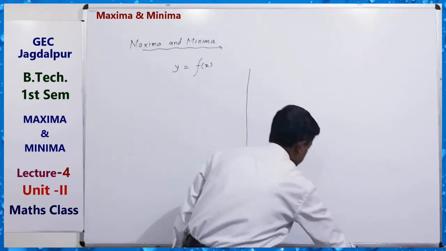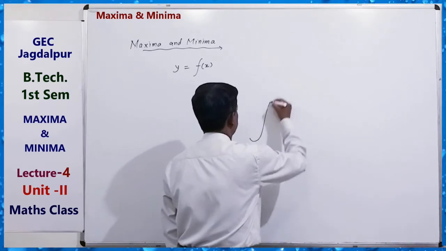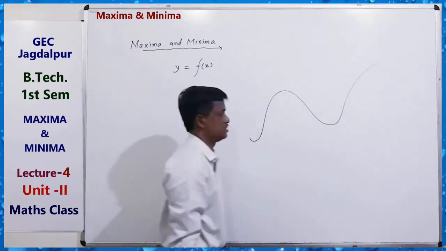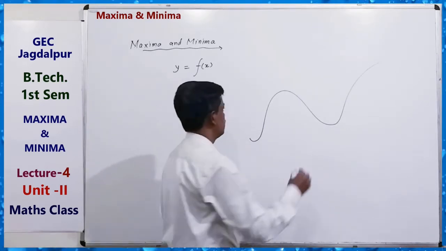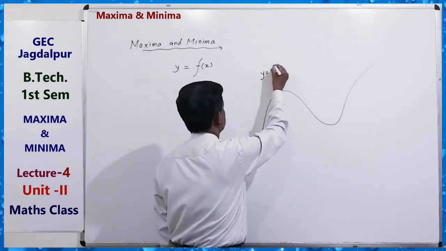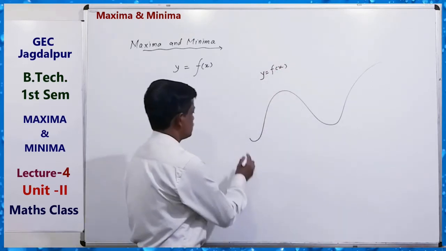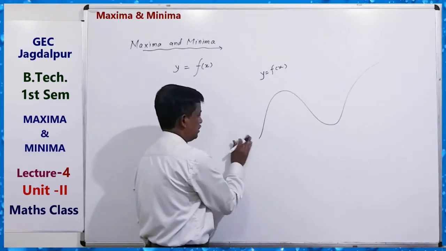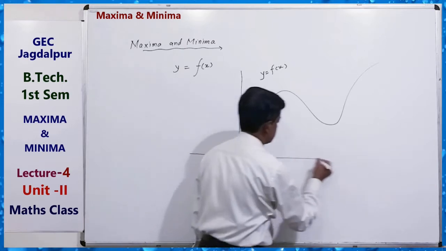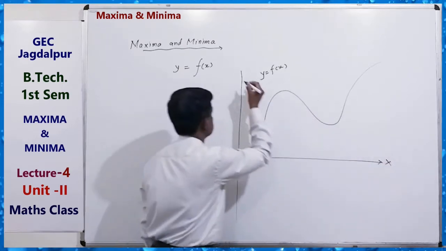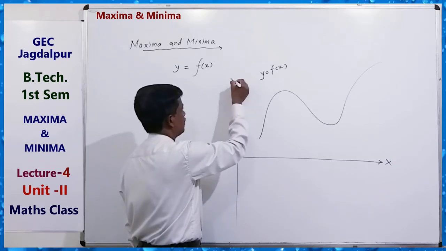Okay, so draw a graph of a function. Suppose this is the graph of the function y equals f(x). Reference point means what? This is the x-axis, and this is the y-axis.